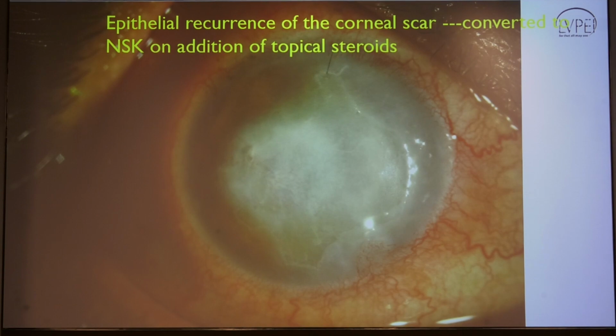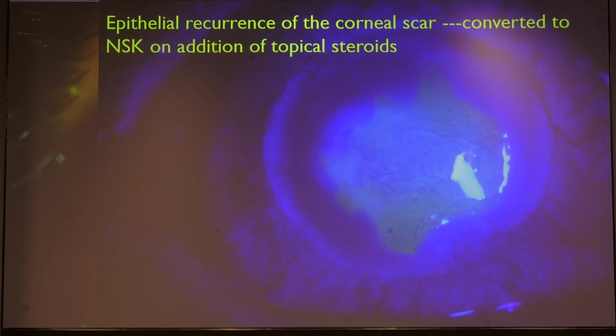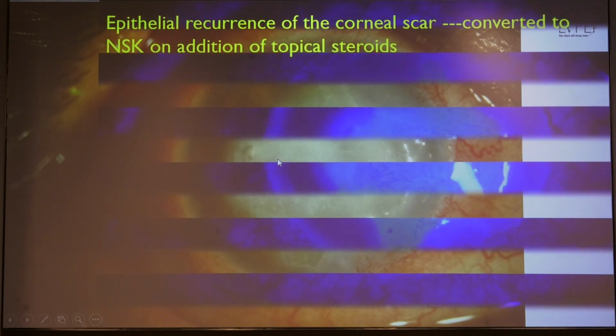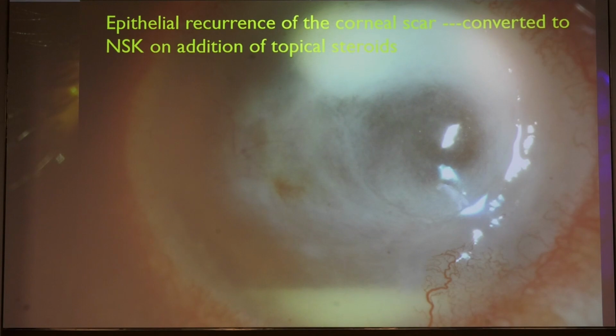Like this case of keratitis presented to us. We can see there is a geographical lesion with a previous vascularized scar, and based upon that antivirals were started, but topical corticosteroids were also added, and this ended up as a necrotizing stromal keratitis.